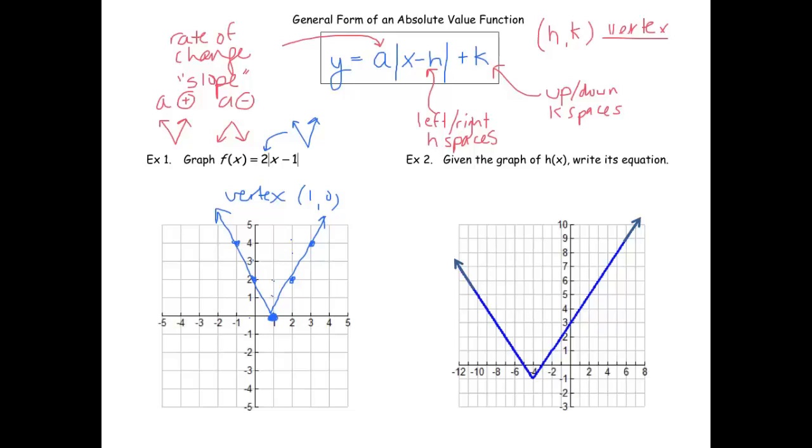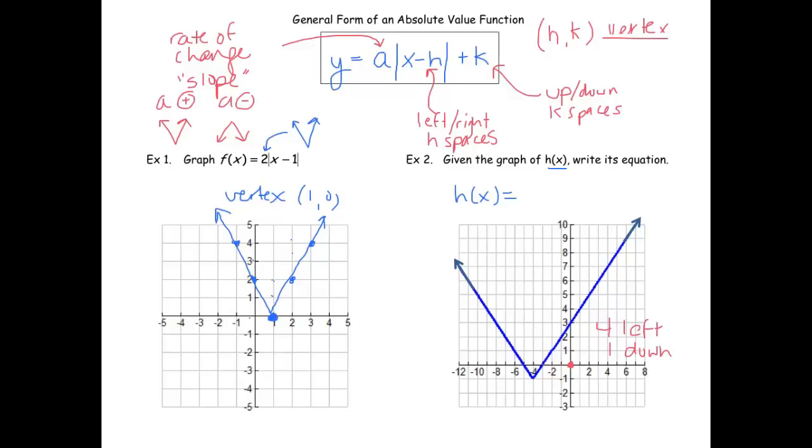Okay, for the second example, this time we have the graph, we want to write the equation. Okay, so it's called h of x. Let's start it with an h of x equals. How has this graph been moved? Well, if it started at the origin, it moved 1, 2, 3, 4 left, and 1 down.